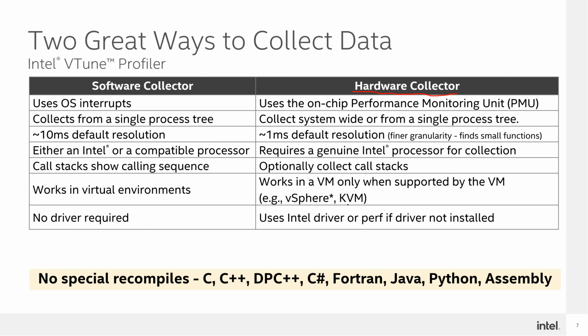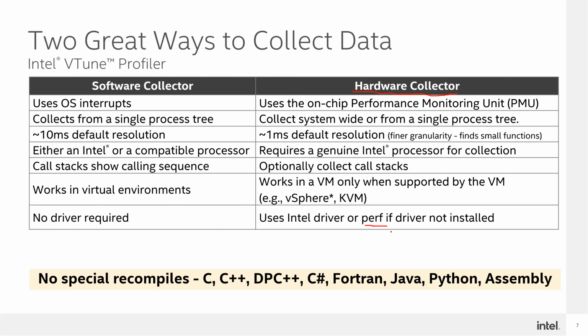Here, this is vSphere and KVM, and so you can have even data there or access to the PMU. And it uses either, and that's why I said 3 ways, either the Intel drivers, or most people or centers are a little bit reluctant to install the drivers on each node. But the Linux perf drivers are almost everywhere installed, so you can use the Linux perf drivers.